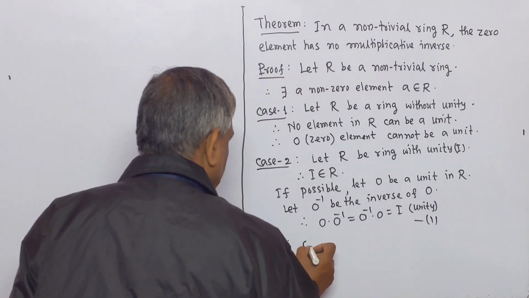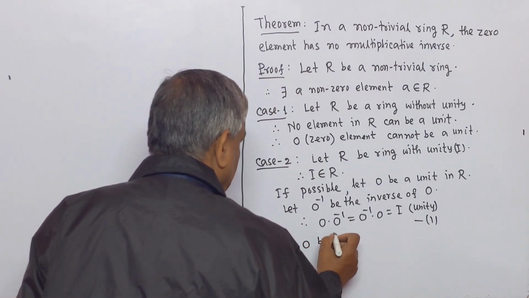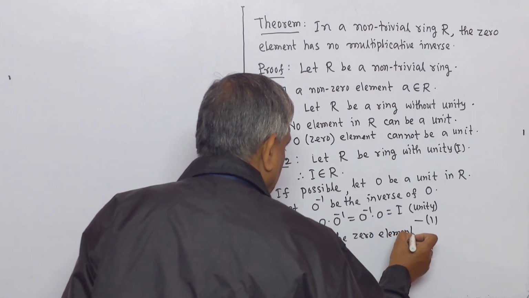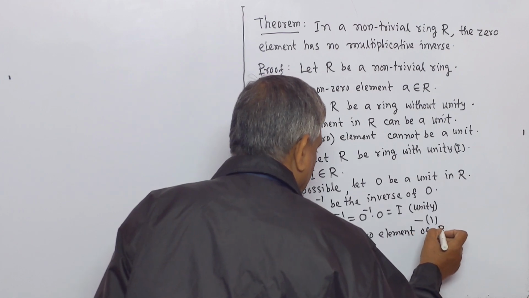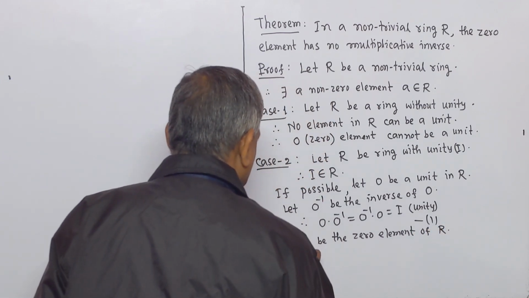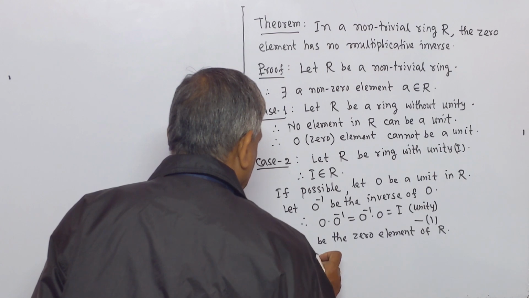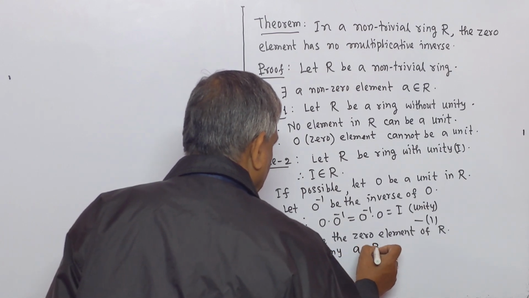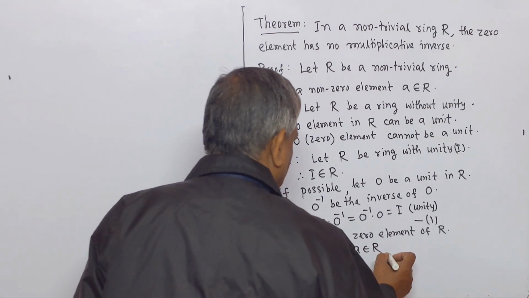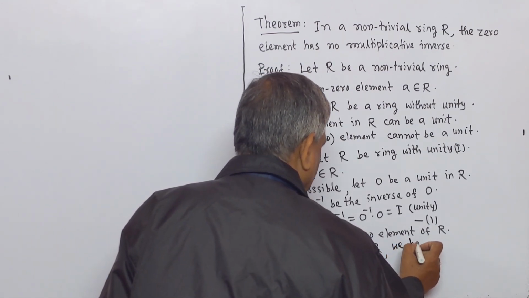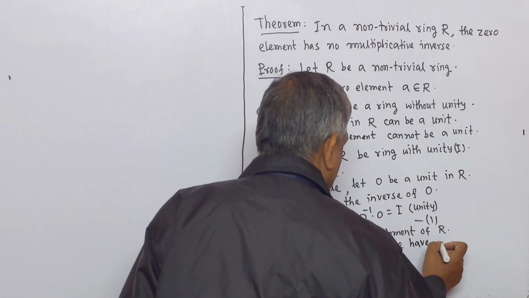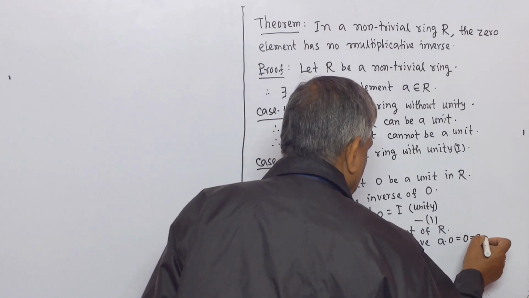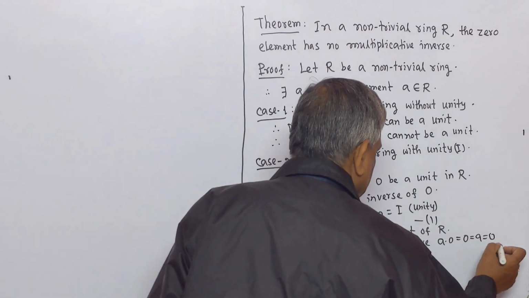Since 0 be the 0 element of R, therefore for any A belongs to R, we have A multiply 0 equal to 0 multiply A equal to 0. This is number 2.